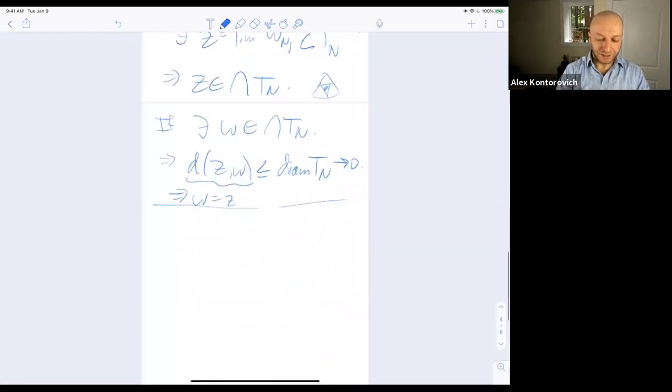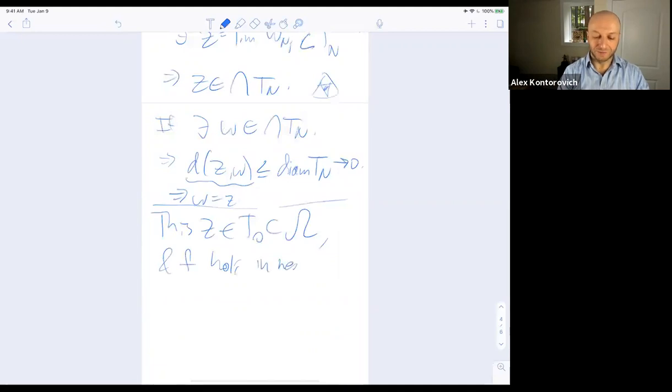Now, Z is in all the triangles. In particular, it's in omega, and F is holomorphic in a neighborhood of z.